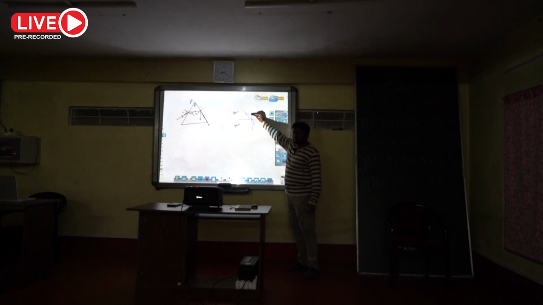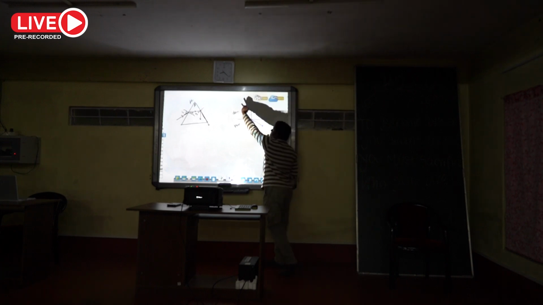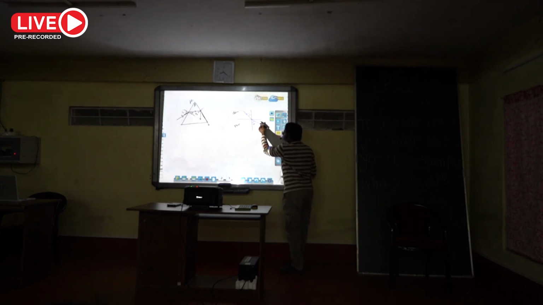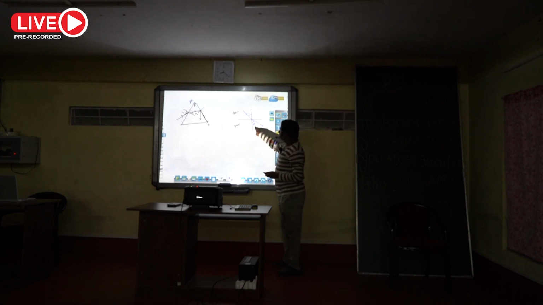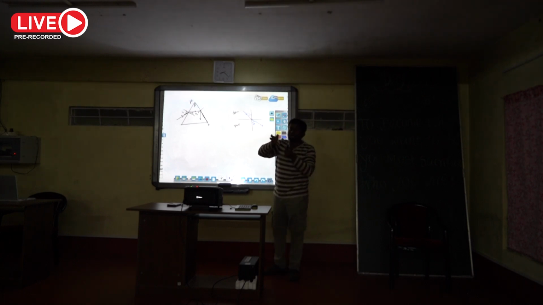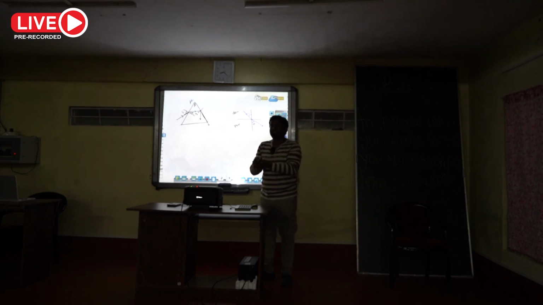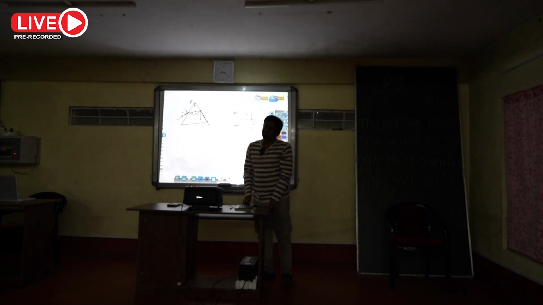This is the angle of incidence in the denser medium, and this is the angle of refraction in the rarer medium. If you change the direction of the light ray, meaning instead of sending light along this, you are sending light along this, then this r will be the angle of incidence in the rarer medium and this i will be the angle of refraction in the denser medium. Just the positions of i and r are reversed. If you change the direction, the path of the light will remain the same.